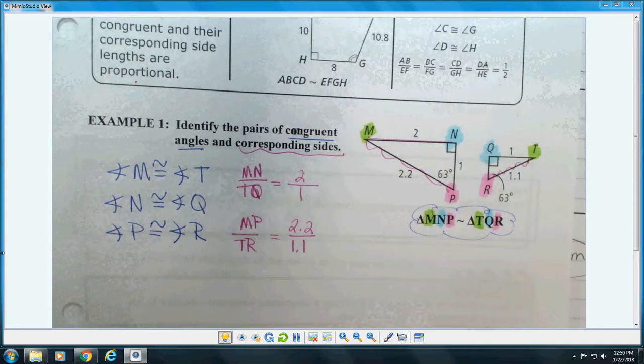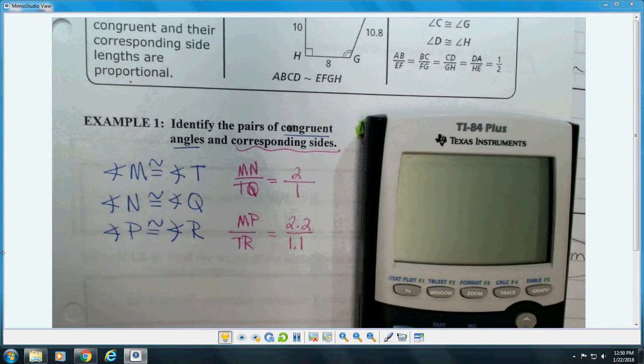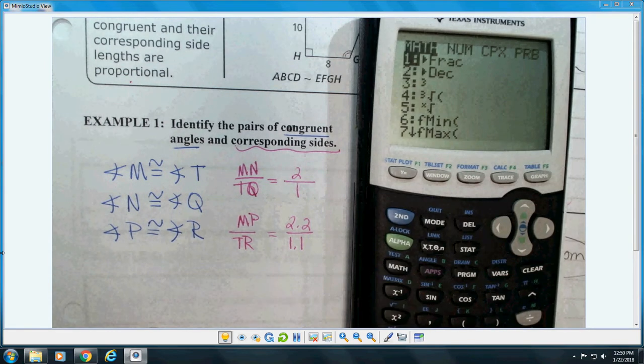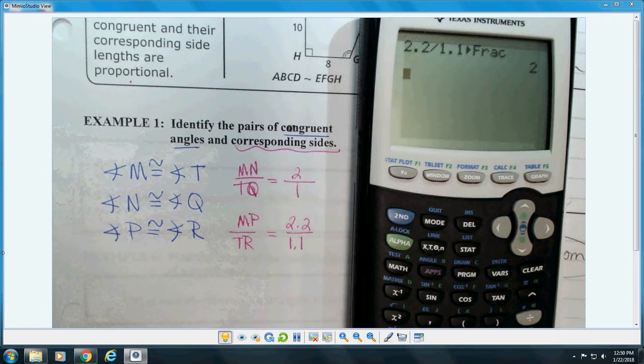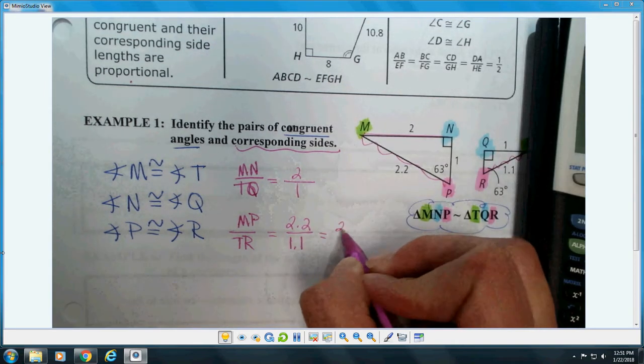Now, I need to make sure that this simplifies to the same thing. And if you don't know, you can use your calculator and just do 2.2 divided by 1.1. Go math, which is right here, math, frac, enter, and enter again, and I get 2. Well, I don't want just 2. It has to be a fraction, so it's 2 over 1.